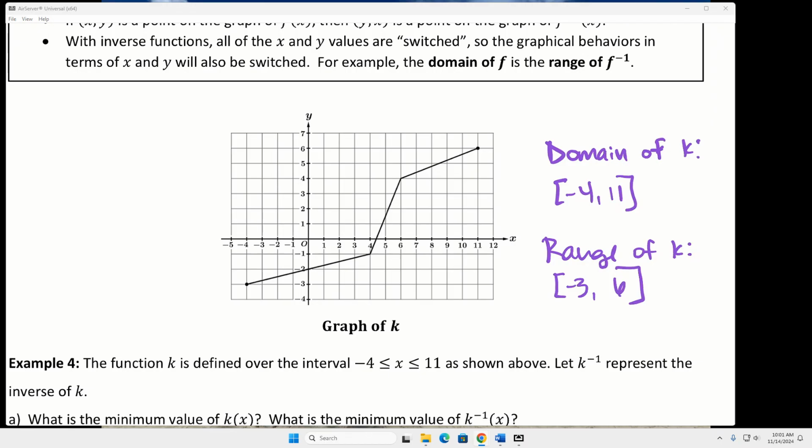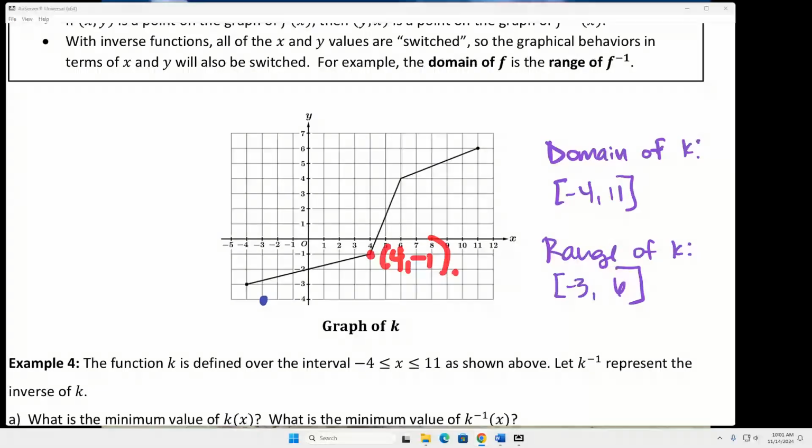All right, now I'm going to do the graph. And so what I'm going to do to graph it is just at these turning points, I'm just going to switch the x and y. And so this first one is the point -4, -3. So when I graph the inverse, I'm going to graph -3, -4, which is there. All right, this point is 4, -1.